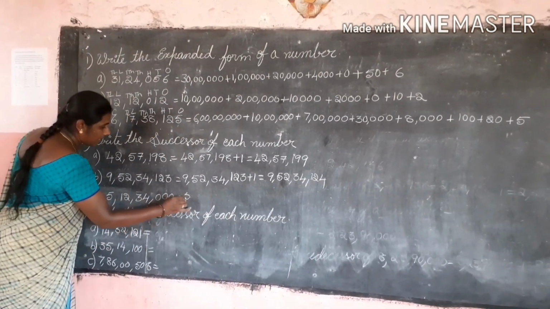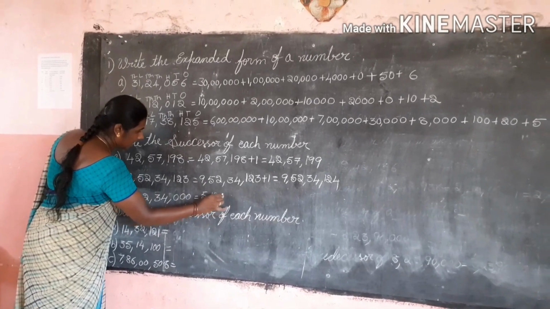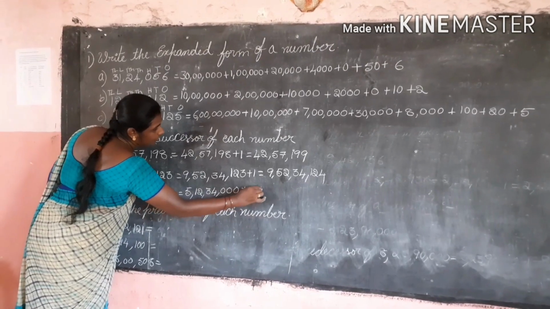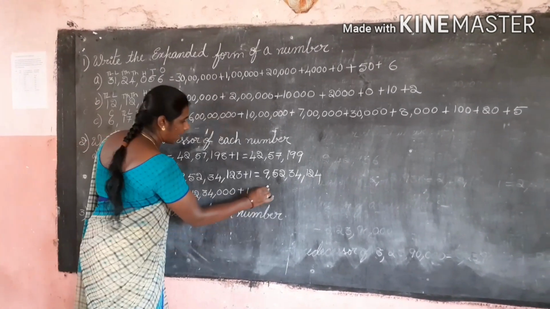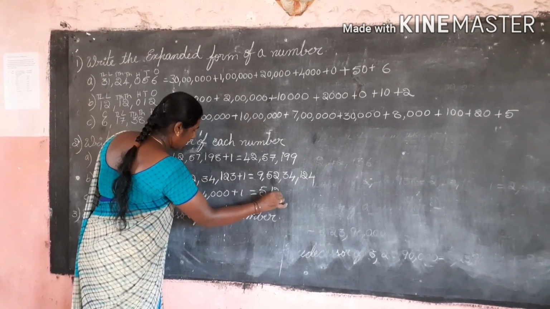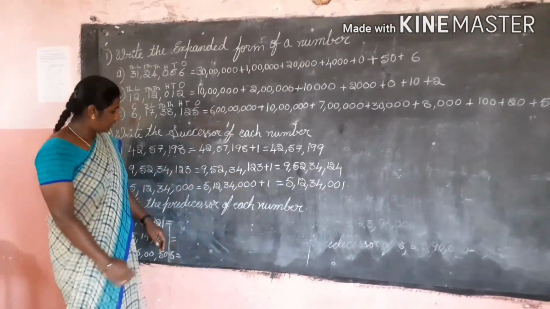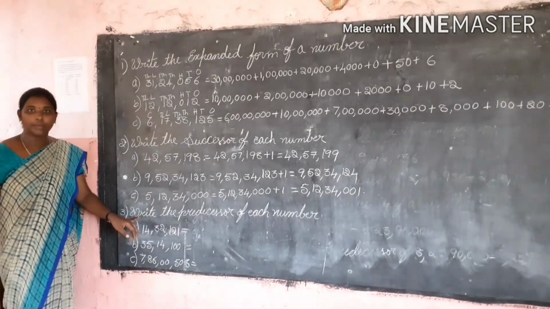Next, 5 crore 12 lakh 34,000. Add 1 to this number. We say 5 crore 12 lakh 34,001.